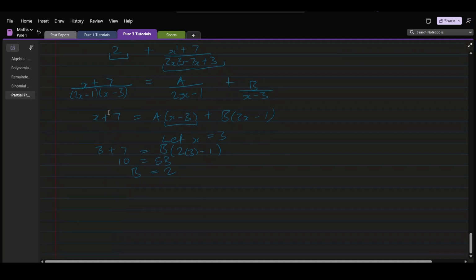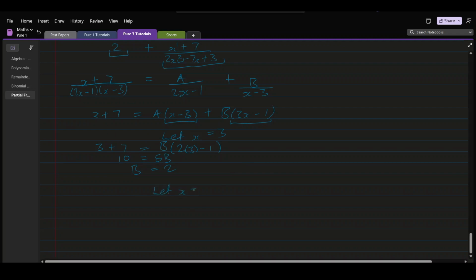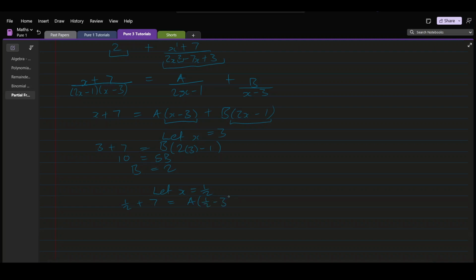And then to evaluate a, we need to make this bracket 0, and we can substitute x with a half to do that. So let x equal 1 over 2, so that becomes a half plus 7 is equal to a times a half minus 3.